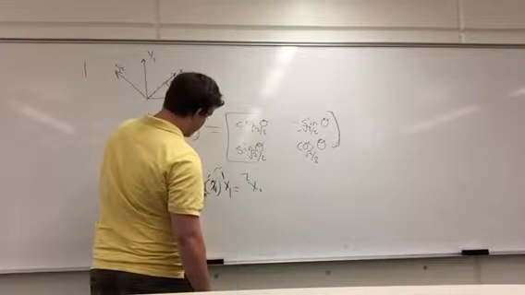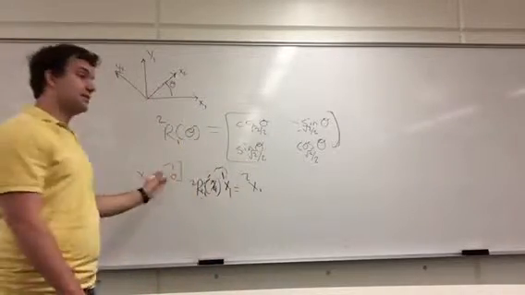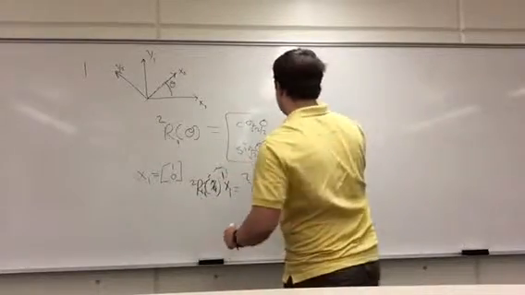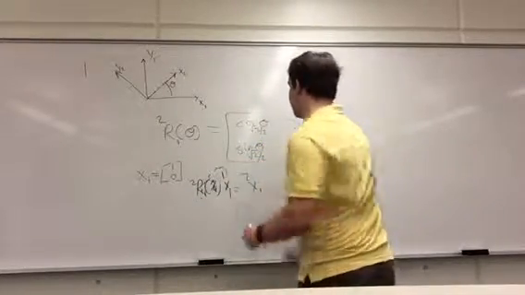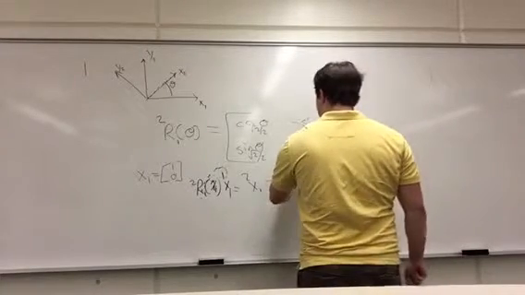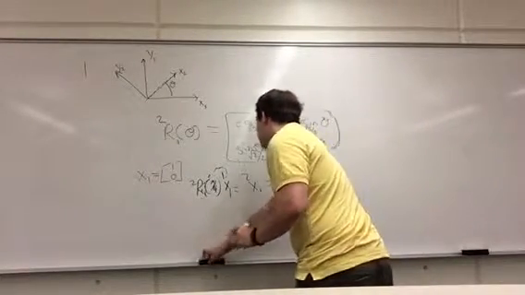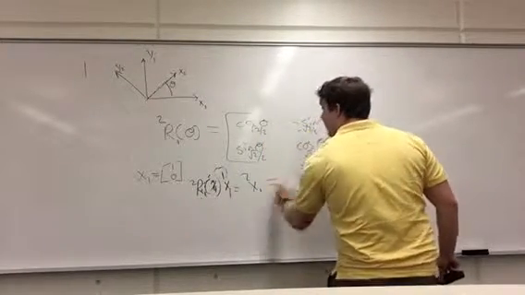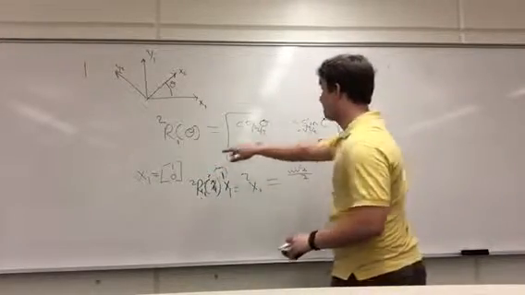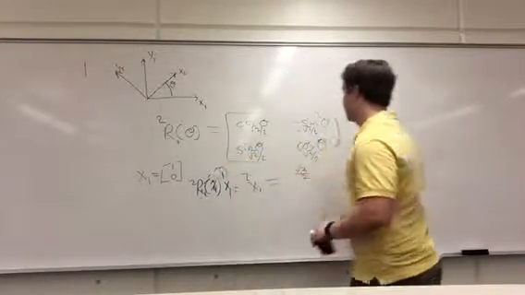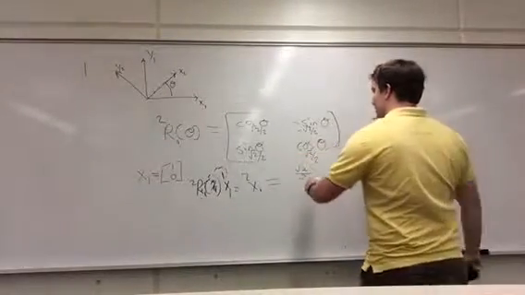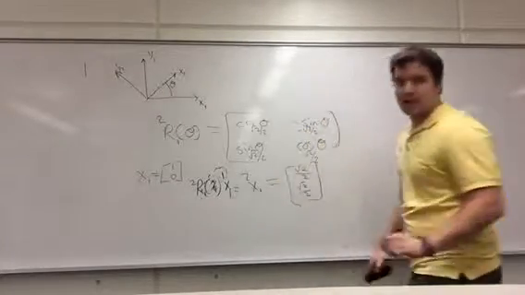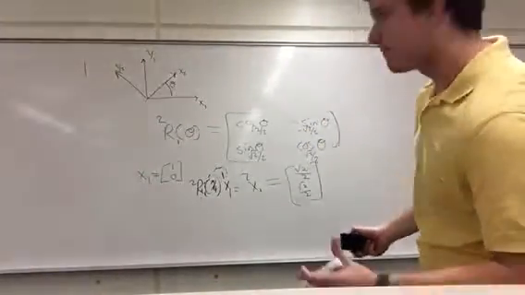You want to make sure that the ones line up because it's going to change it. And then you just do it straight across. So I take my x1, plug it into this, so that means I've got square root 2 over 2, and when you do it again to this bottom row, that gives me square root 2 over 2. And that's the basics of how it works.